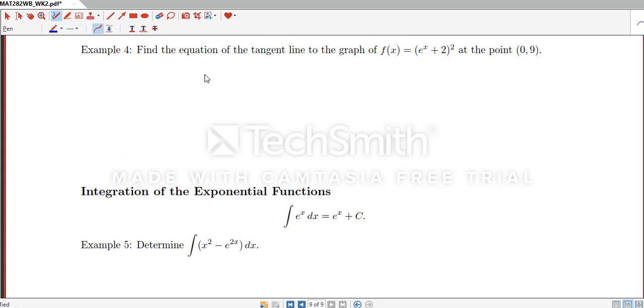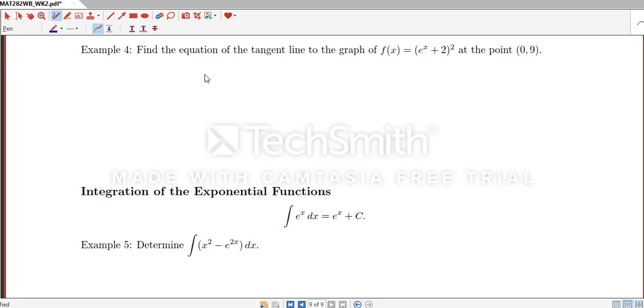Example number 4, find the equation of the tangent line to the graph of f of x equals e to the x plus 2 squared at the point 0, 9. So we are given one point. In order to find the tangent line, we will need the slope.